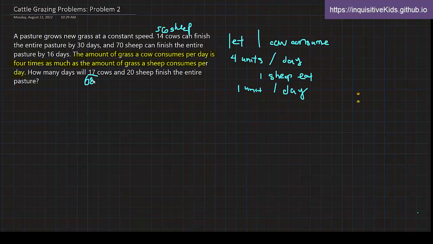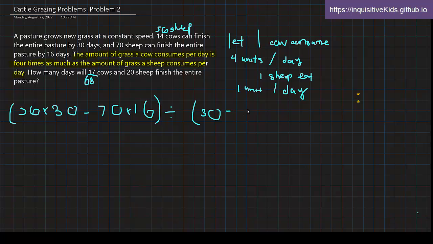And now we're going to try to find the amount of grass that grows per day. Okay, so the amount of grass that grows per day, we have 2 different scenarios. The first one is 56 times 30, and the second one is 70 sheep times 16. In the first scenario, it has more grass eaten. Why? Because there are more days. More grass can grow in more days. Now, their difference divided by the difference of their number of days, which is 30 minus 16.